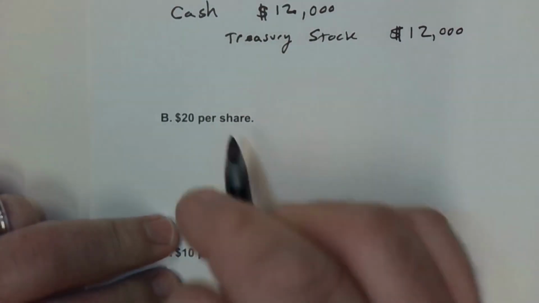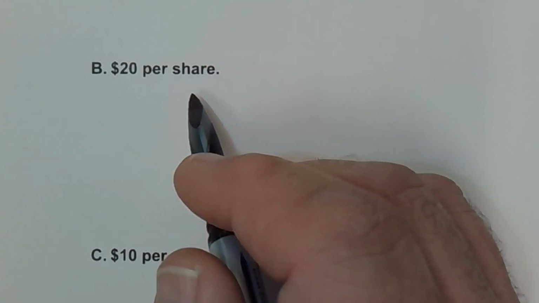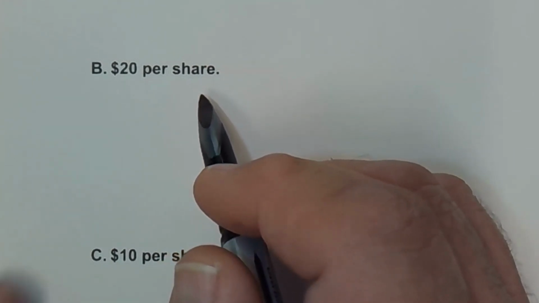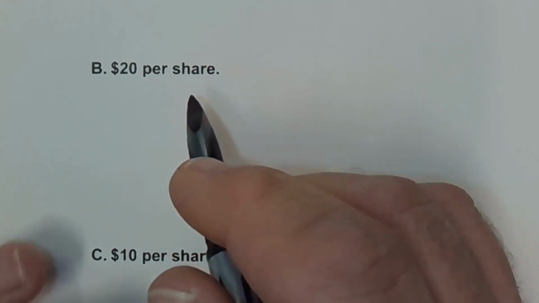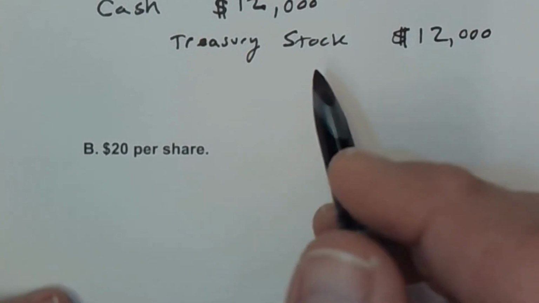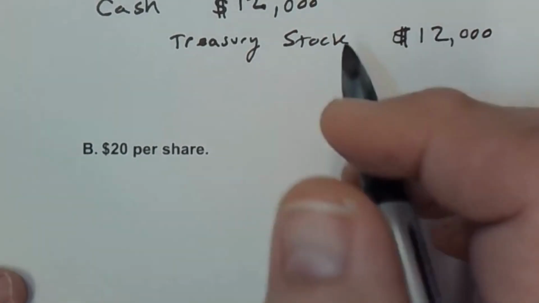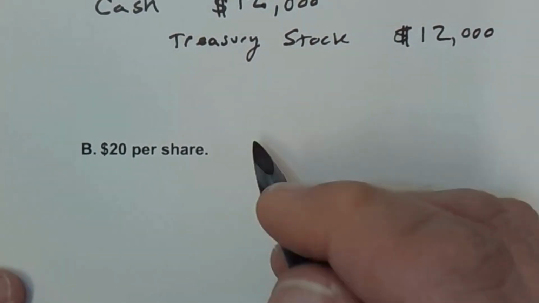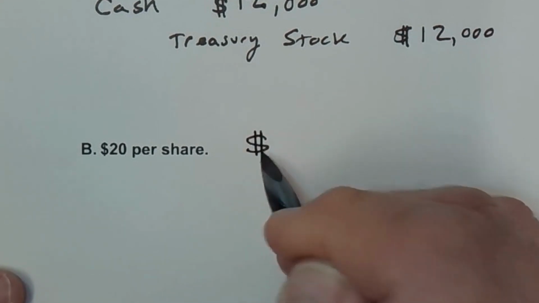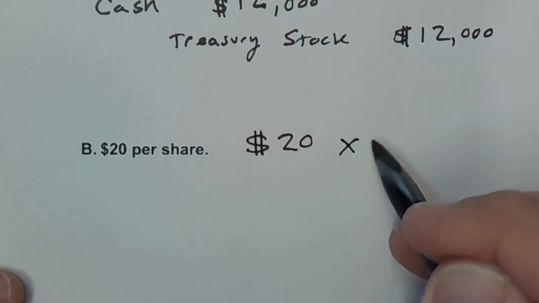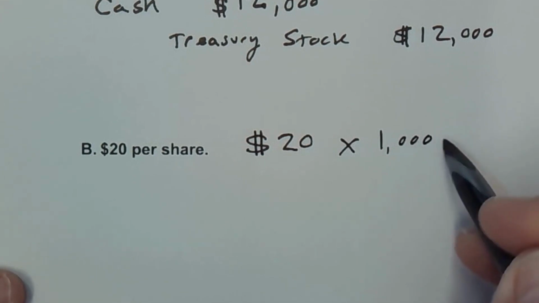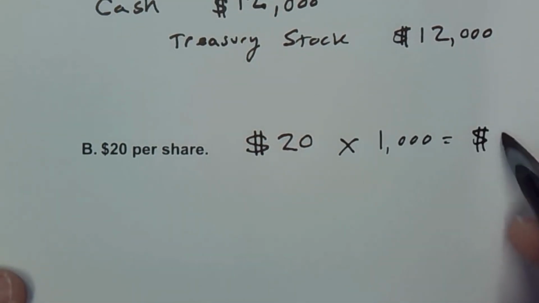In the next entry, they are selling the treasury stock for $20 per share. In other words, the market value of this particular company's stock went up, and the company is going to take advantage of that. So it is $20 per share times the 1,000 shares they sell. So they are going to receive cash of $20,000.